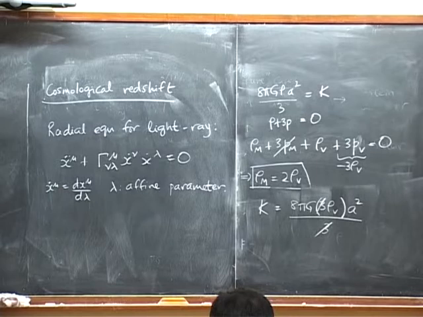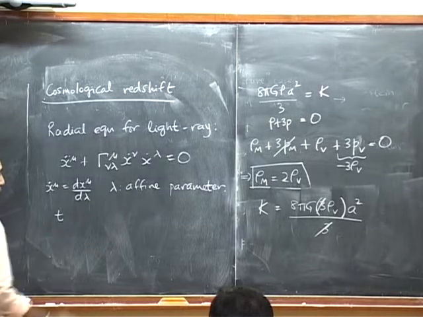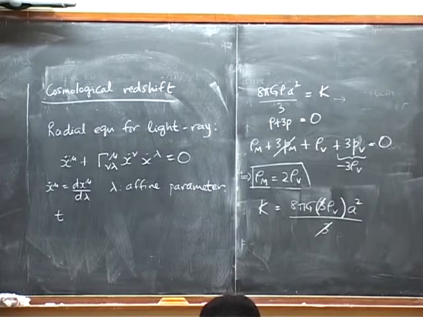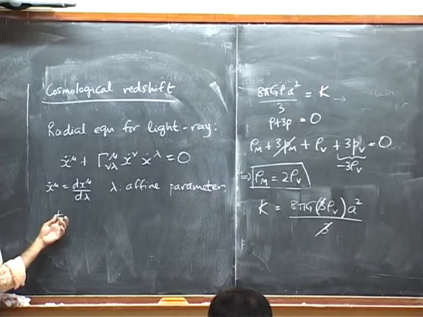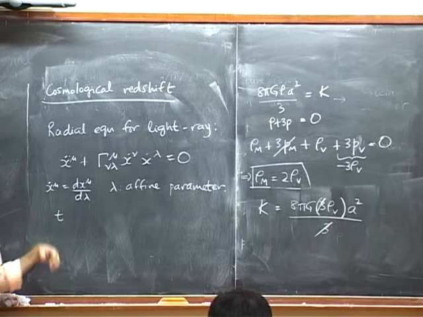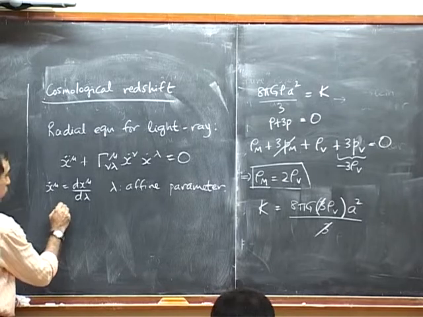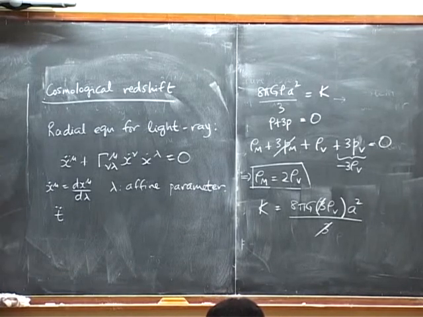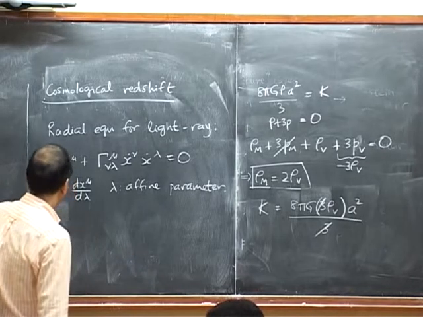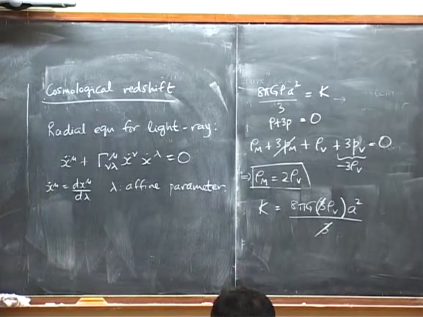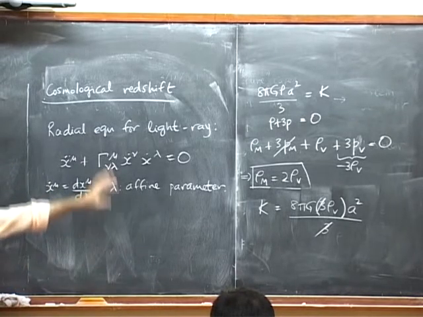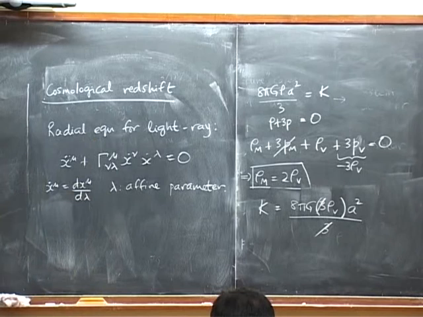Now the equation of interest to us is the one involving t, the coordinate time. This is the t that appears in the scale factor a of t. So t double dot. Now we have to be very careful, because up to now we were putting dots to differentiate d by dt. Let me not do this, it will confuse you. Dot we will reserve for d by dt, since the Friedmann equations involve a dot and a double dot.